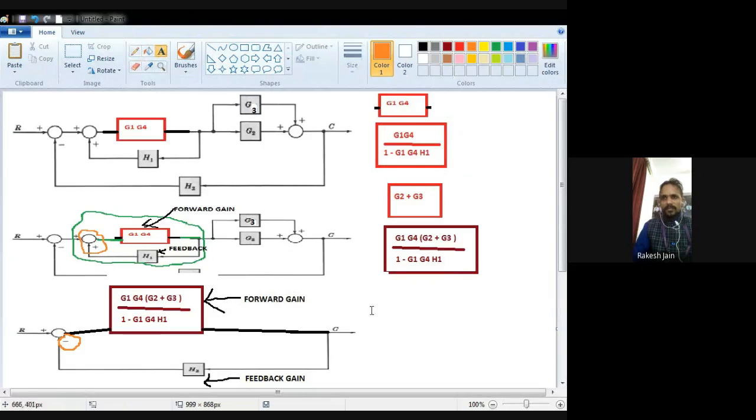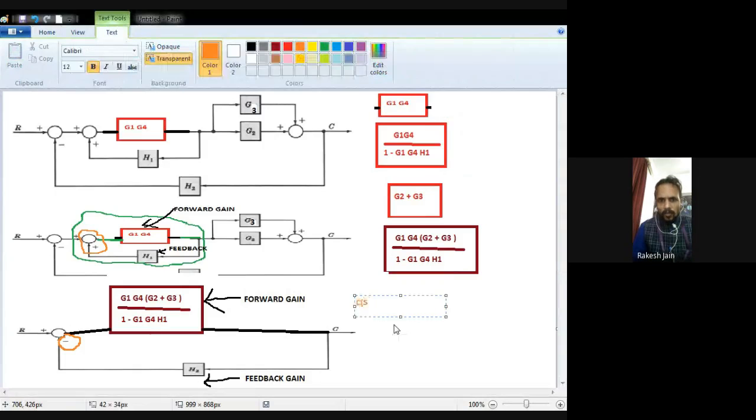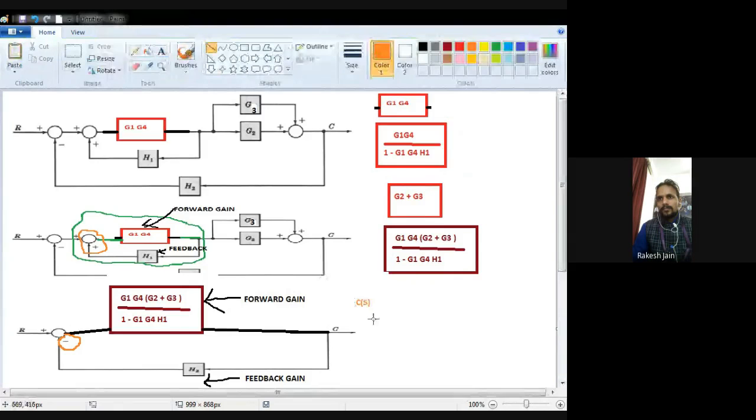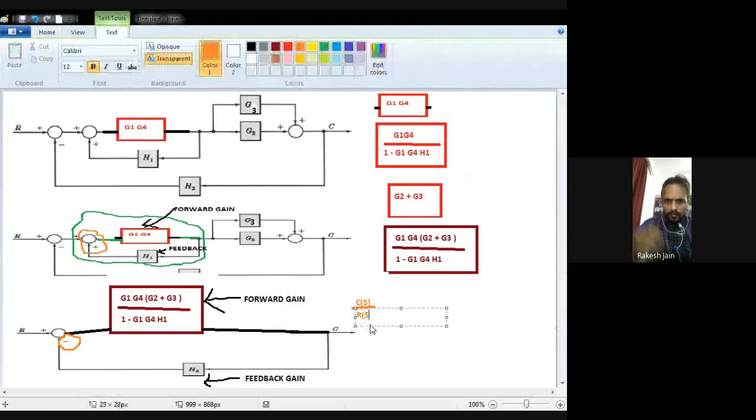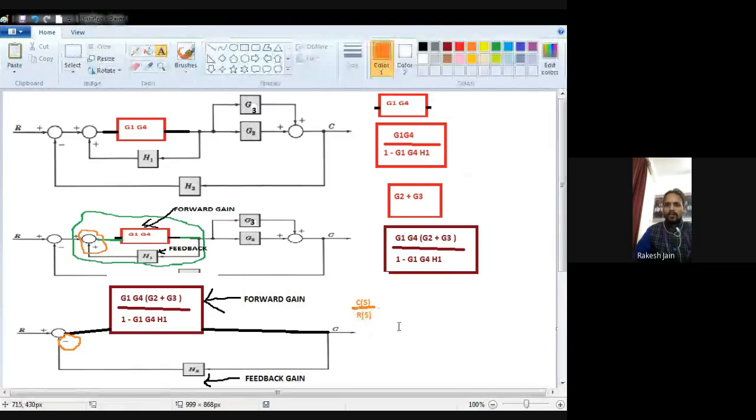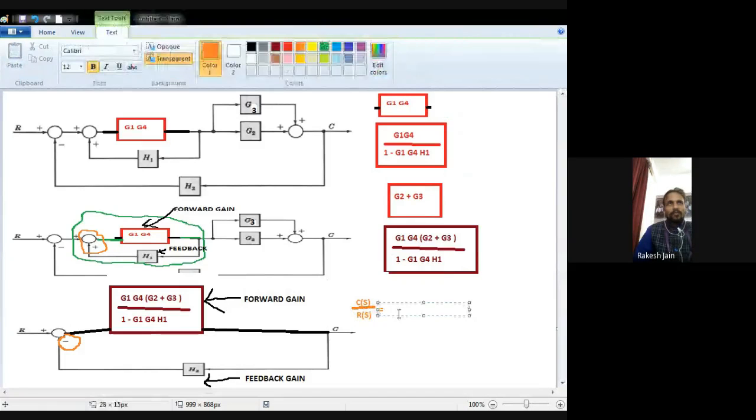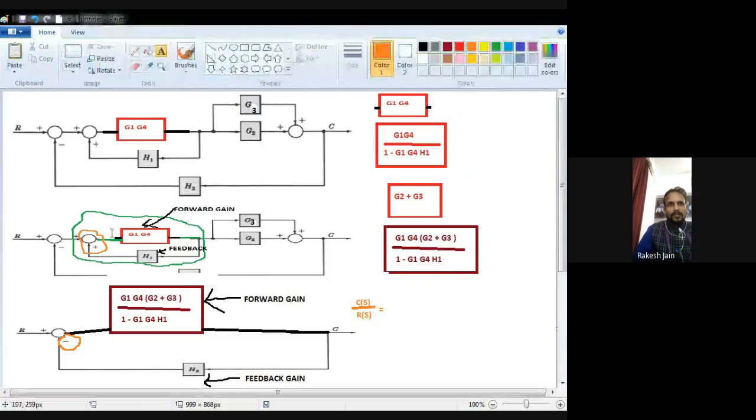So what is the rule? Forward gain. So what is the transfer function finally? The transfer function Cs upon Rs will be equal to forward gain. So what is forward gain?